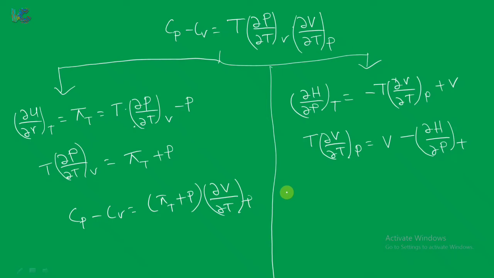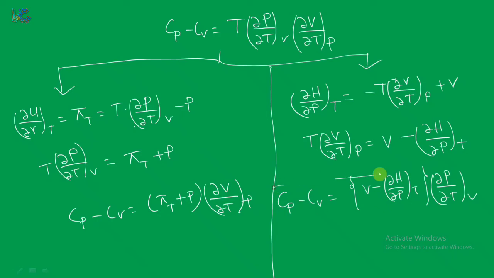So you will get Cp minus Cv is equal to V minus del H del P at constant T into del P del T at constant V. So what we have done, instead of T del V del T at constant P, I have replaced this term with V minus del H del P at constant T. So this is another relation between heat capacities: Cp minus Cv is equal to V minus del H del P at constant T, within bracket, into del P del T at constant V. Fine. Okay.